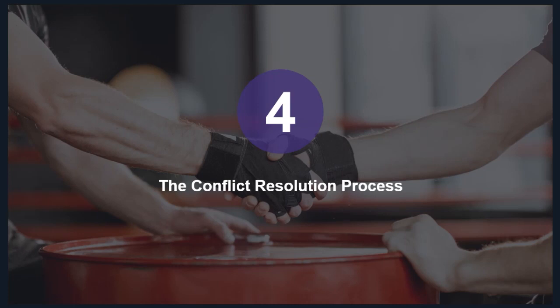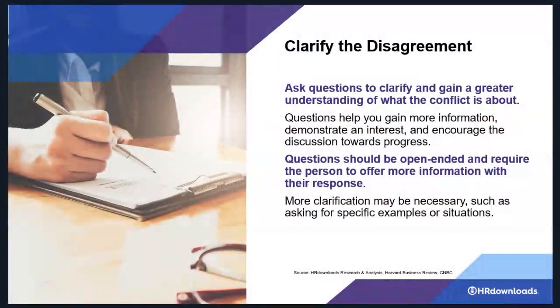So finally, let's discuss and expand on the steps included in the conflict resolution process. The first step is to ask questions to clarify that there is a disagreement and gain a greater understanding of what the conflict is about.